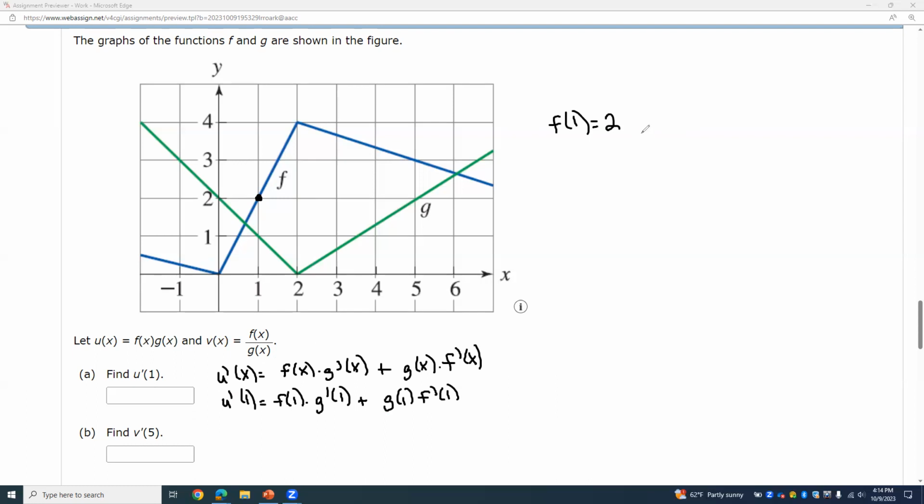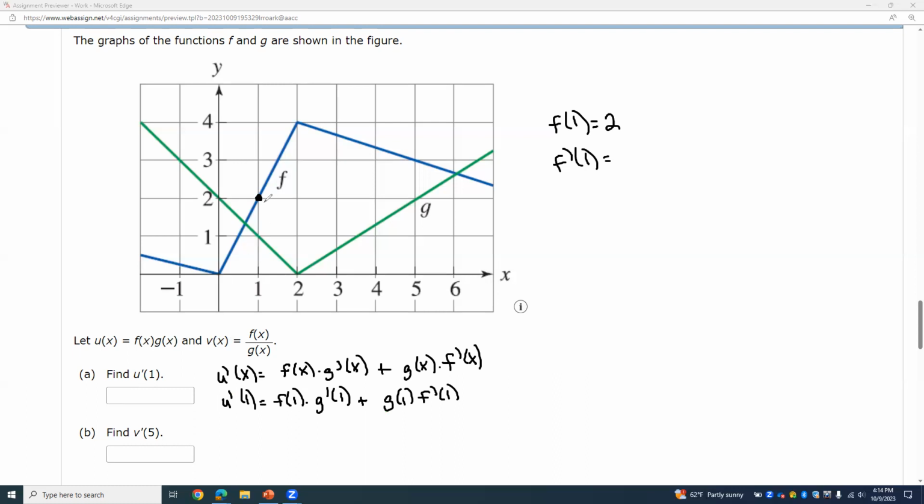I'm also going to need to find the derivative of f at 1. Even though, if I was looking at my product rule, next up I would want to find the derivative of g at 1, I'm just going to focus on f right now, because that's the problem we're focusing on.